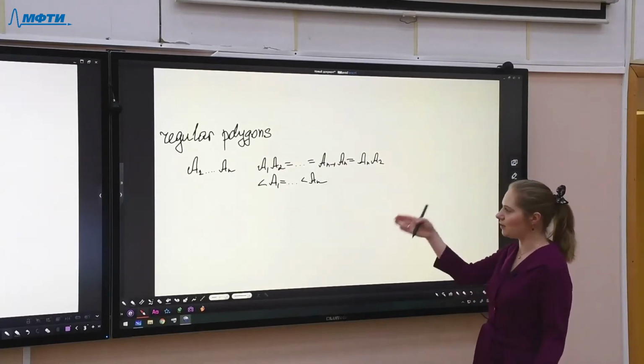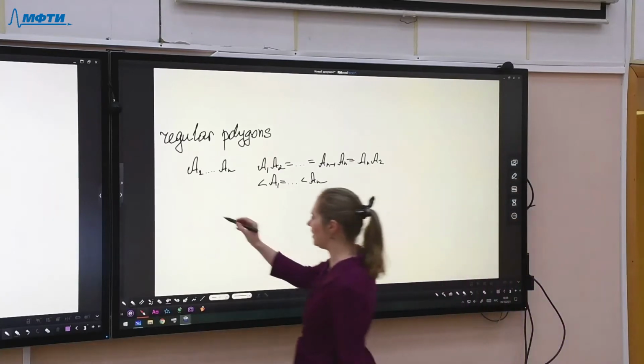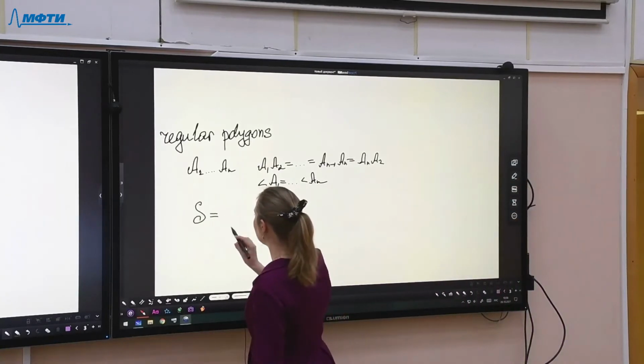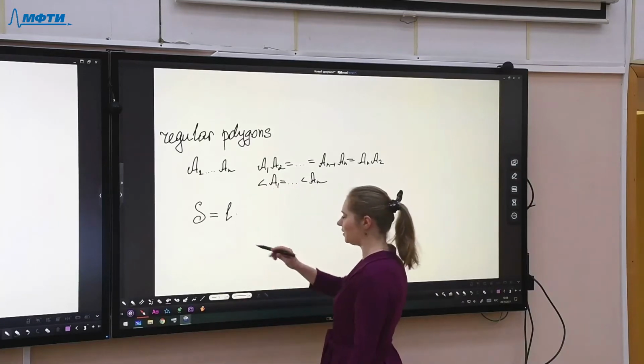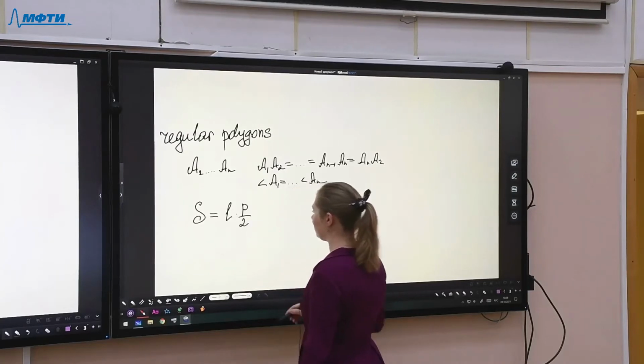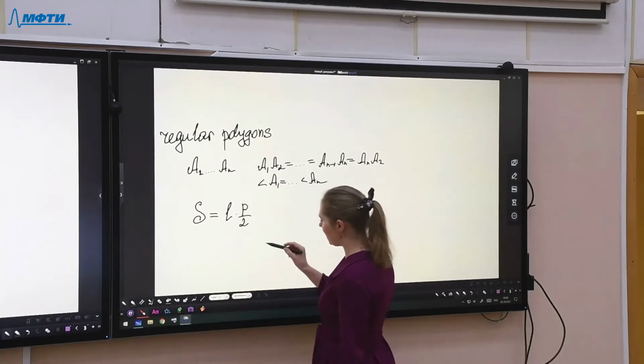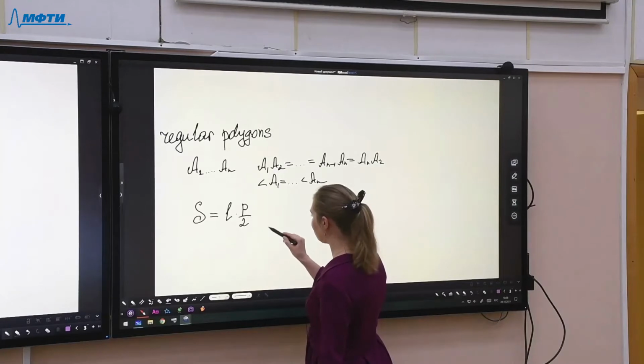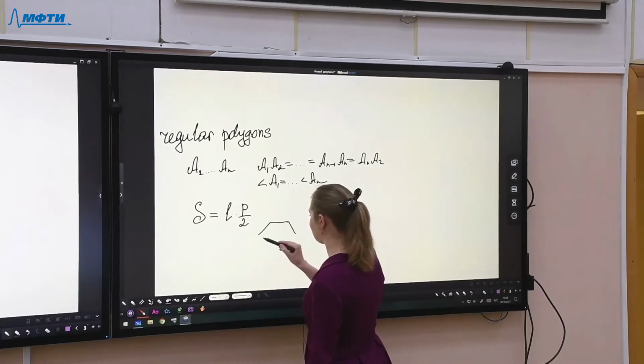And if we are talking about such figures, we can say that the area of this figure is the apothem, I'll tell you about it, times the perimeter over 2. What is an apothem? Let's talk, for example, about a regular hexagon.